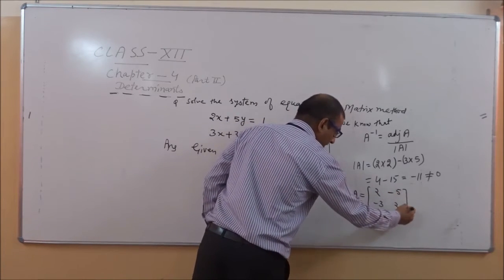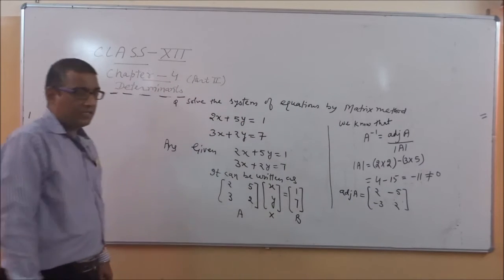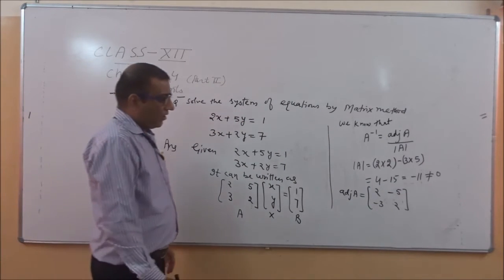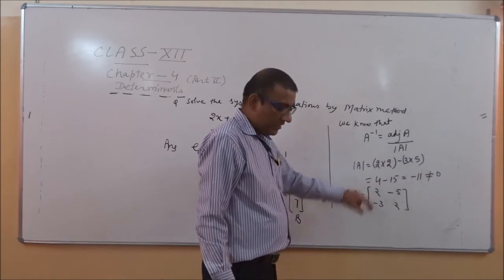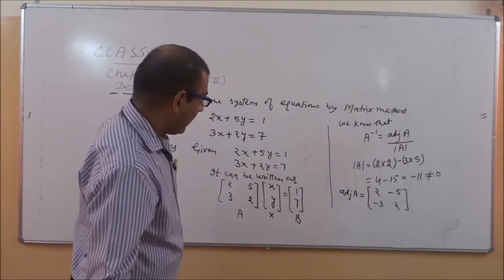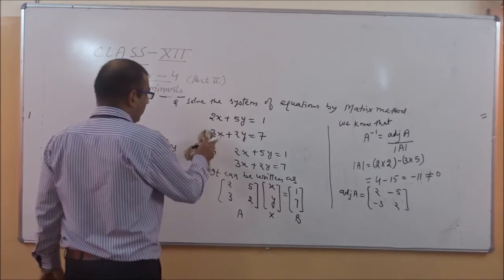This is the concept of adjoint A. Now if you put the value of adjoint A and determinant A here, then directly we will calculate A inverse.